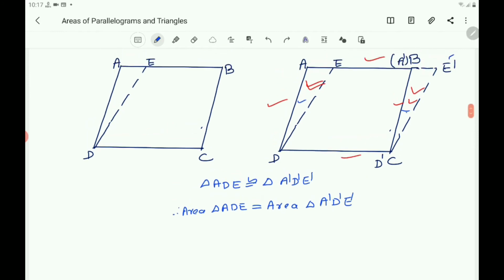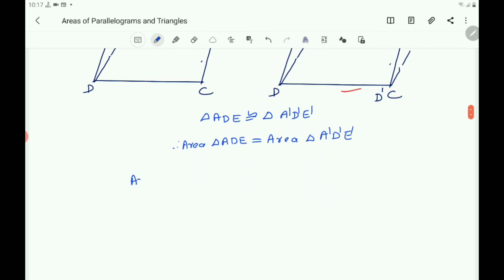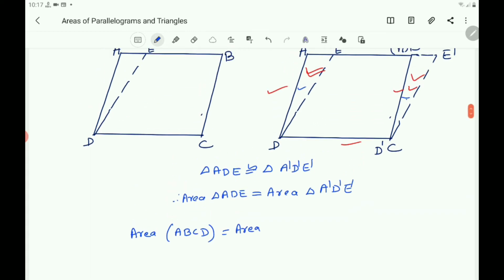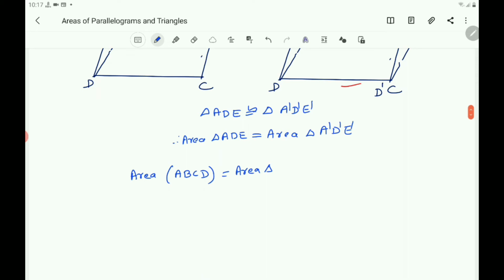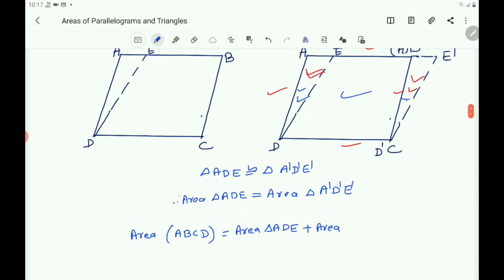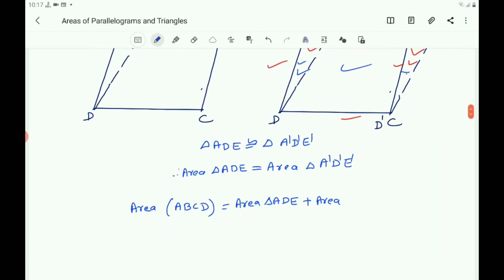Now take the area of parallelogram ABCD, the original parallelogram. Area of ABCD equals area of triangle ADE plus area of quadrilateral, the middle portion here, EBCD.